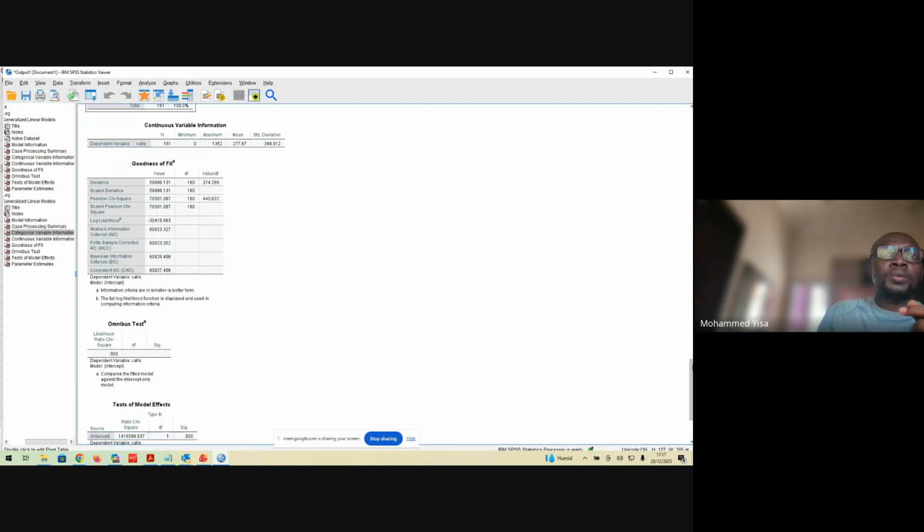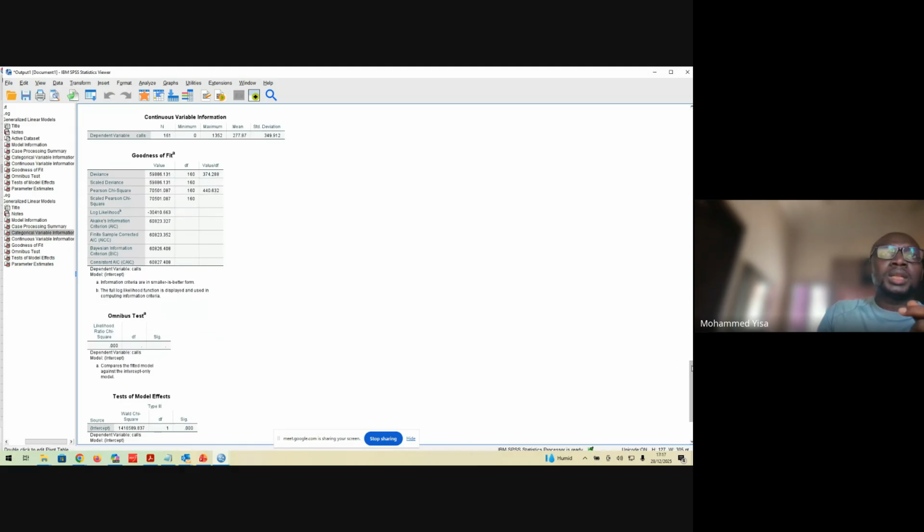When you come to the continuous variable information, you can see a summary of the dependent variable, the number of calls.